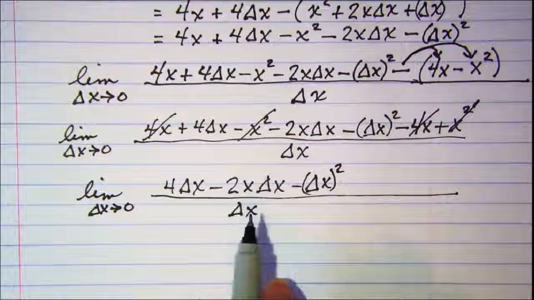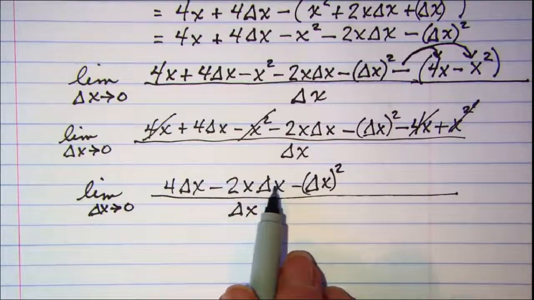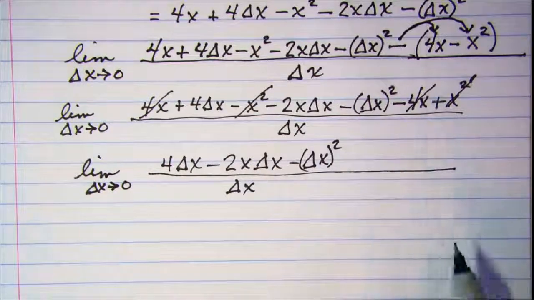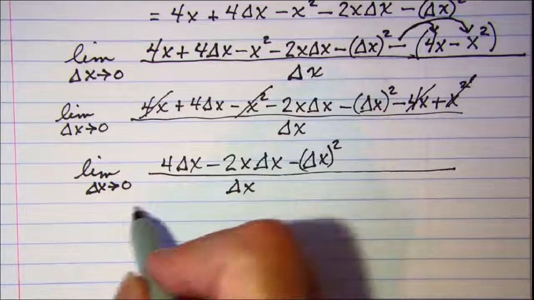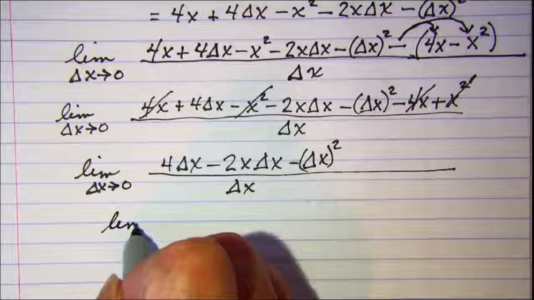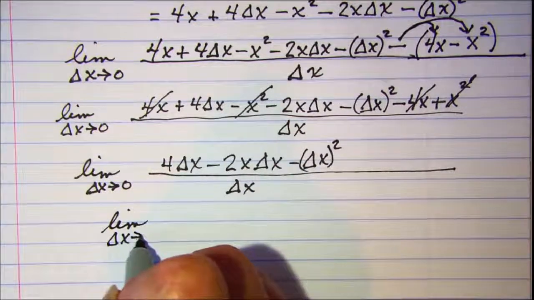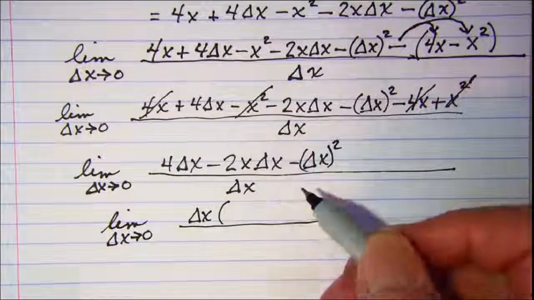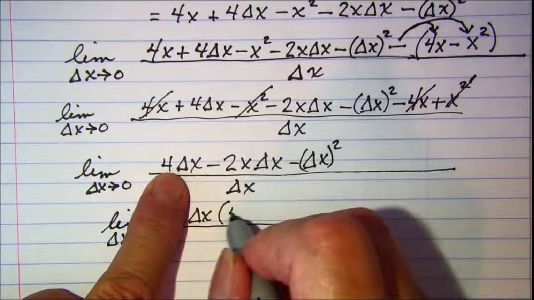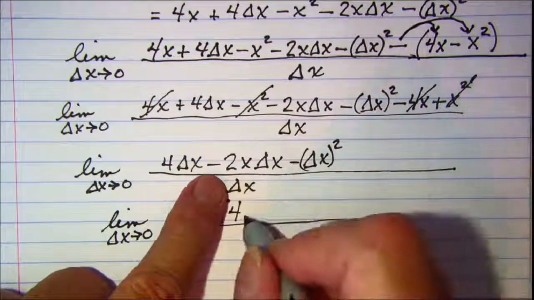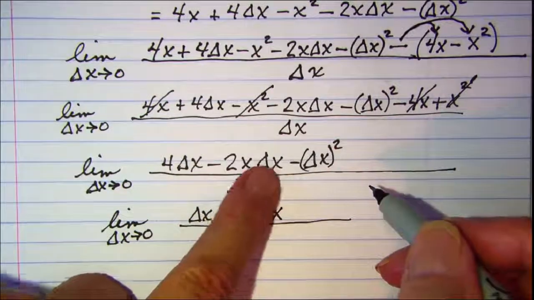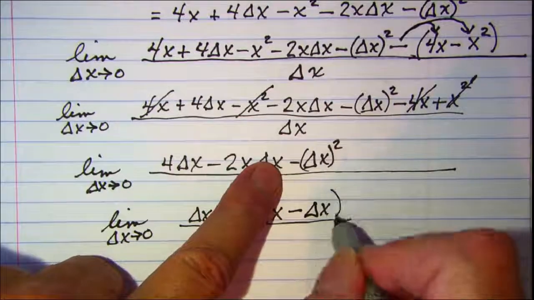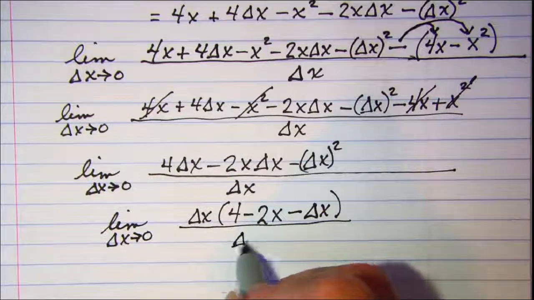Okay, now what I can see here in my numerator is I have a delta x factor in all 3 terms. So I'm going to factor that out. So I'm finding the limit as delta x approaches 0, and I'll pull that delta x out in front, which leaves me with 4 in this term, and then minus 2x in this middle term, and then minus delta x in that last term. And that's over delta x.